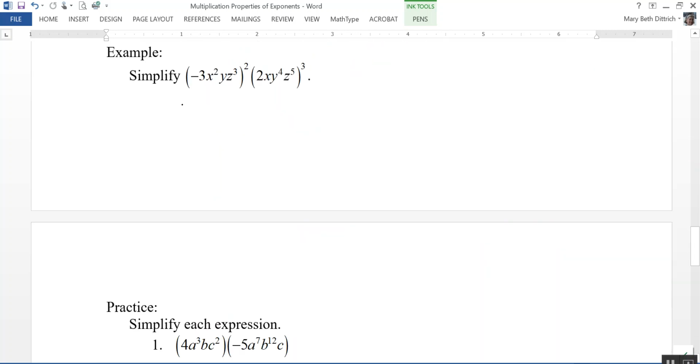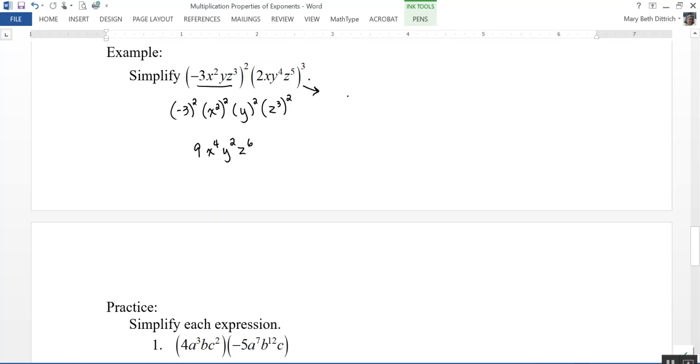Okay, so this is going to be negative 3 squared, x squared squared, y squared, and z to the third squared. That's just the first part. So negative 3 squared is 9, x squared squared is x to the fourth, y squared is y squared, and z to the third squared is z to the sixth. Okay, that's just my first term here.